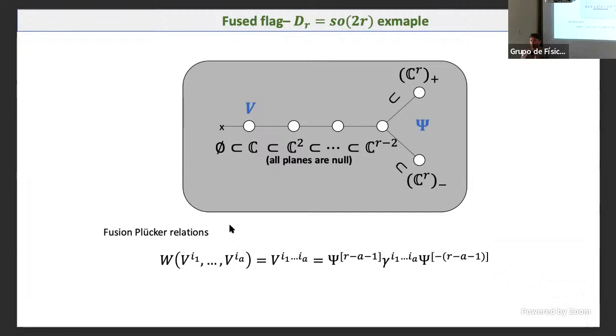The pure spinor condition, psi gamma psi equal to 0, is the Plücker condition, the Plücker quadric. What can then be shown from this fuse flag or from the ODM business is that all the other Q functions are obtained by fusing 2 spinors with gamma matrices with some particular shift of the spectral parameter. So the message for the D series is that we can construct all the Q functions entirely from spinors.